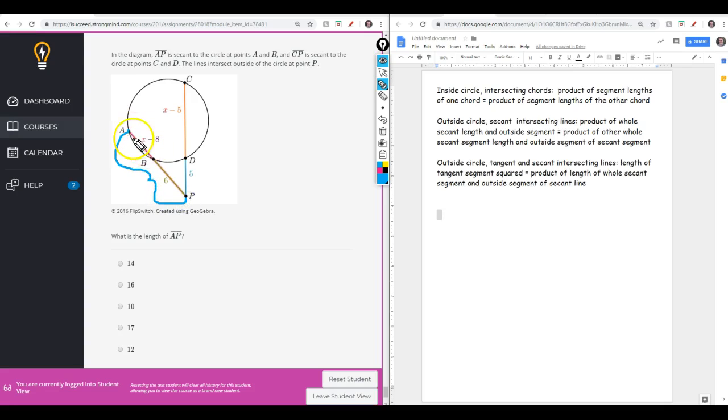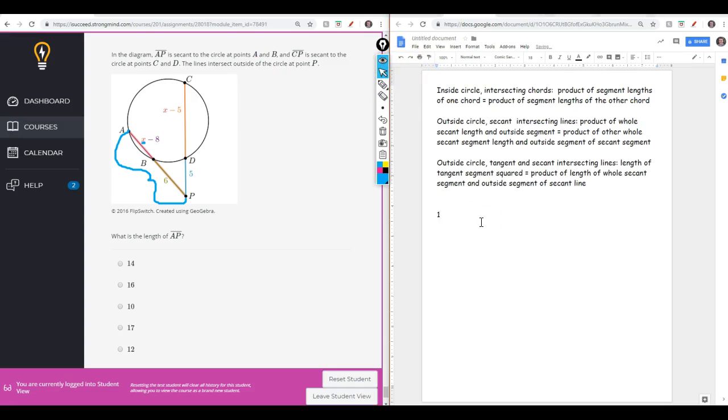Now notice that it has in segment AB a value of x, so we can't initially just directly find it. We're going to have to first find the value of x and then plug the value of x into right here, simplify that, and then we'll add these two segments together.